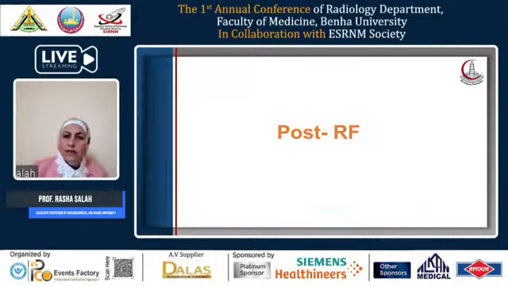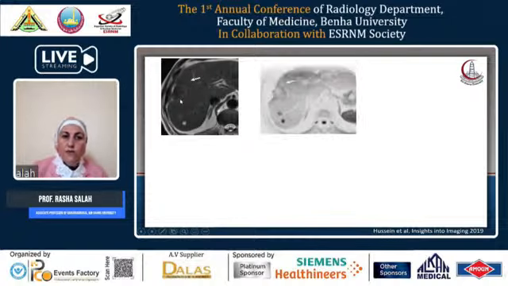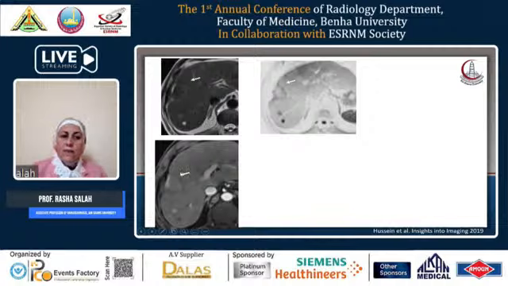As regards radiofrequency ablation, MRI is very useful, and CT also plays a very good role in assessing the radiofrequency ablated lesion. The ablated lesion appears dark on the T2 weighted image due to coagulative necrosis with no restricted diffusion, and on the T1 weighted image, this is the arterial study.